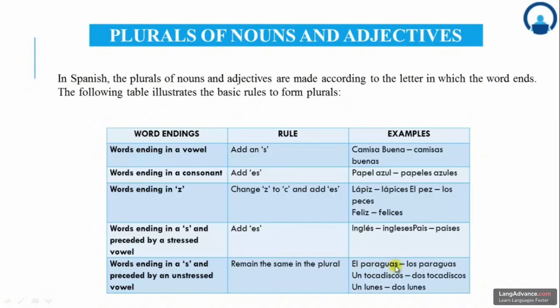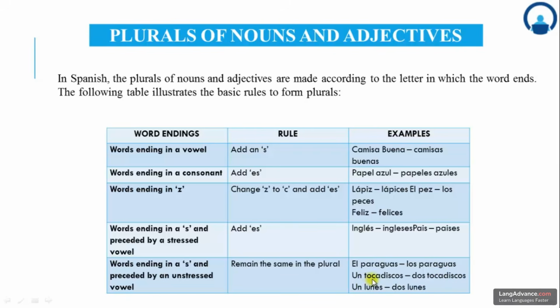Here the preceding letter does not have an accent mark, it is not stressed. So paraguas remains paraguas in the plural form as well. So singular and plural are the same. Only the articles change. So el paraguas, the umbrella, or los paraguas, the umbrellas.